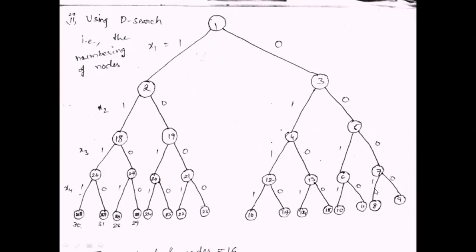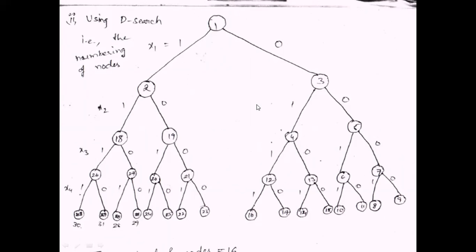Suppose one node represents 0 0 0 0, another node represents 0 0 1 0, meaning only the third element is considered in the sum, and another represents 0 1 1 1, meaning the second, third and fourth elements are considered in the sum. So the 16 possible solutions are represented by the solution space tree.